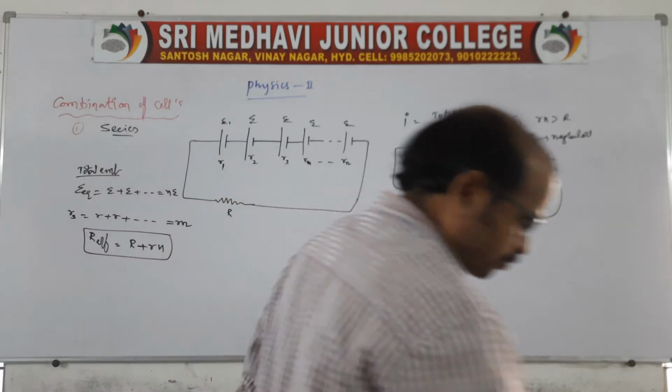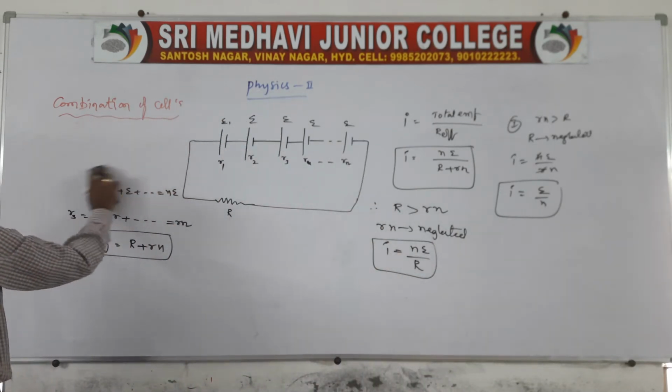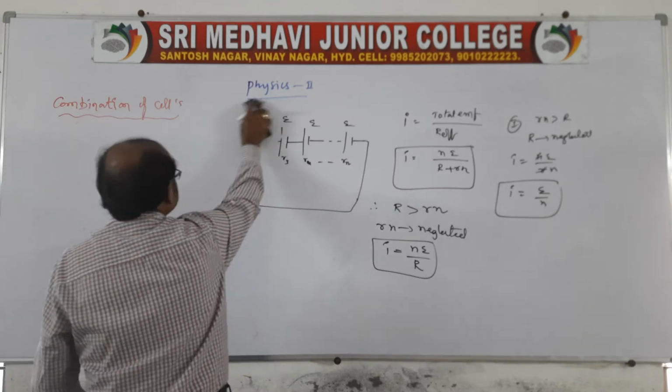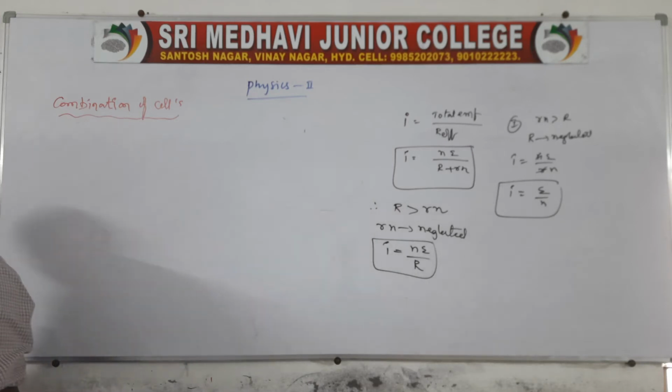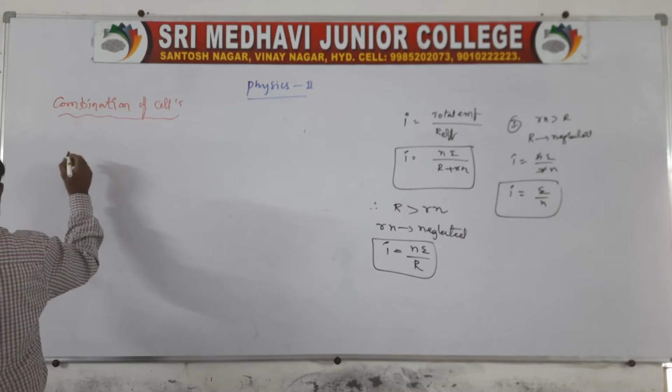Now let us see. In series combination, there is another topic related to wrongly connected cells. What is meant by wrongly connected?